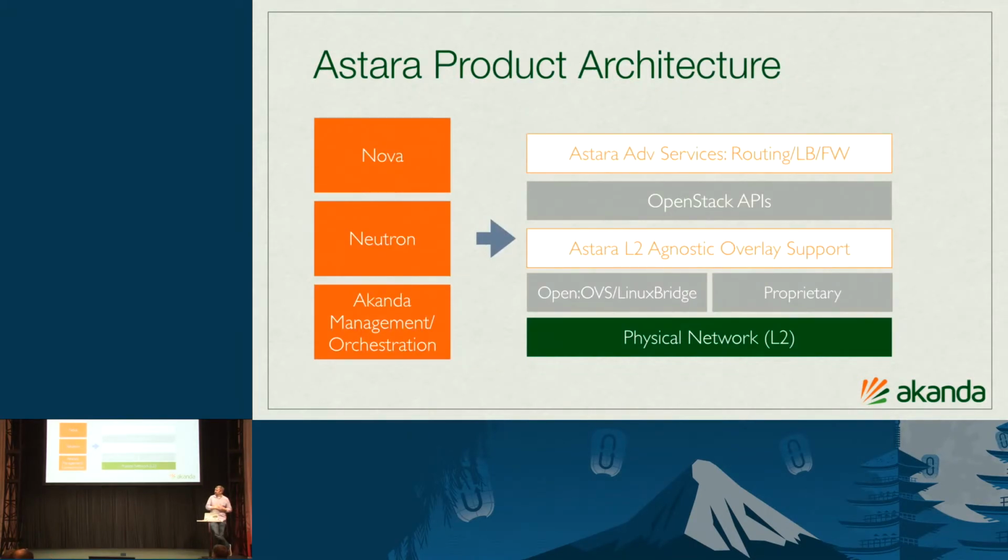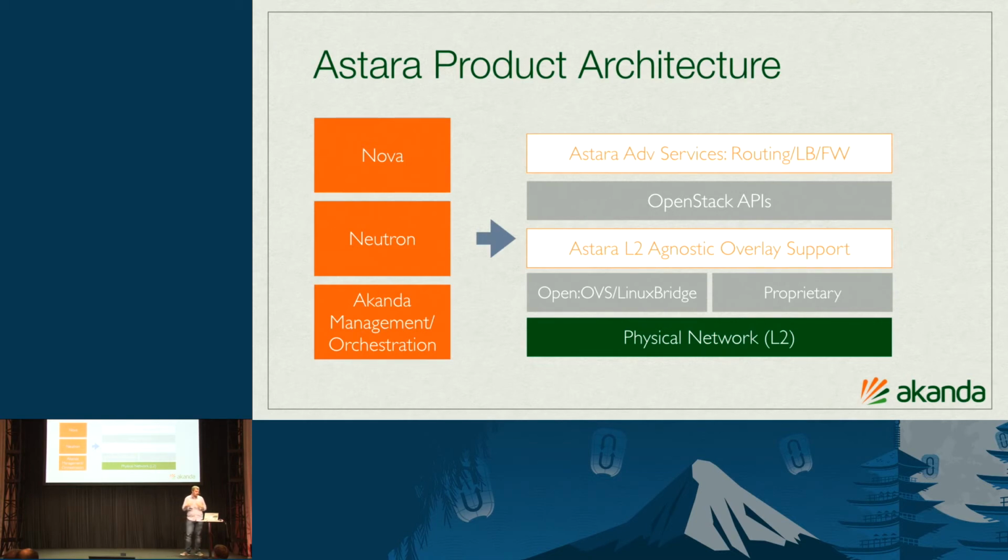So the Astara architecture and the base of the open source project: if you take a look on the left-hand side, you'll see that Nova, Neutron, and Akanda, now Astara, run within the control plane. On the right-hand side of the screen, you'll see the more traditional network stack, where you have your physical network and your overlays, if you're using overlays, maybe managed by OVS, Linux Bridge, or something proprietary.